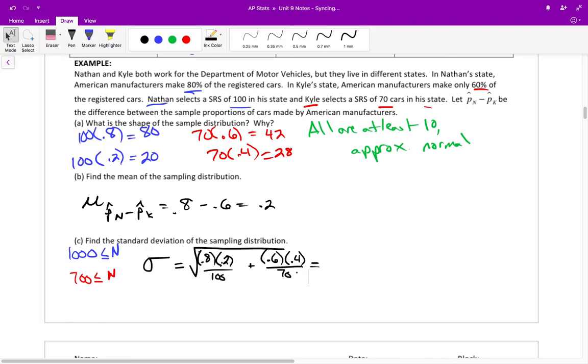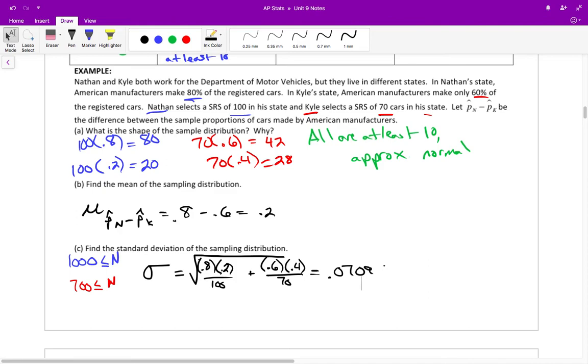I'll type that in real quick for us so you can check. And what I am getting here is 0.0709. Let me just double check that I typed that in okay. Okay, looks like we're good to go.